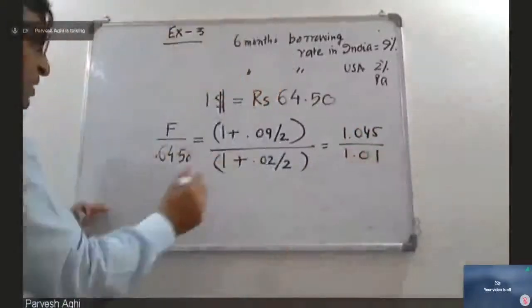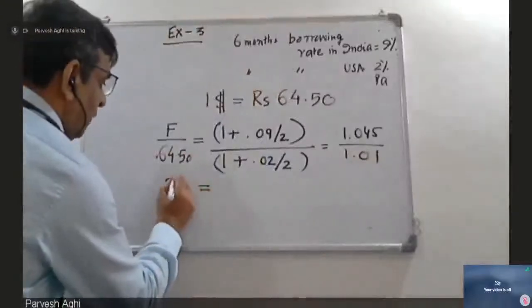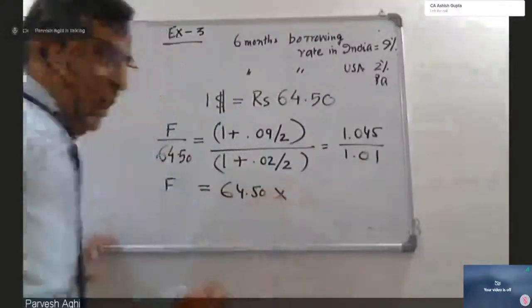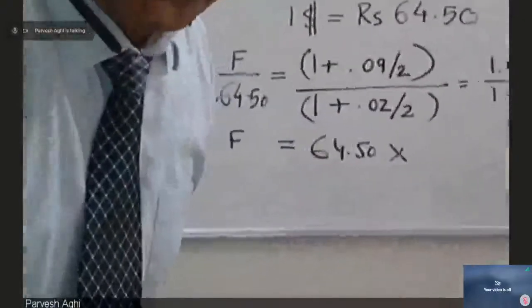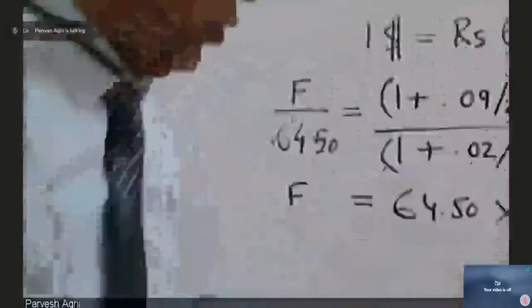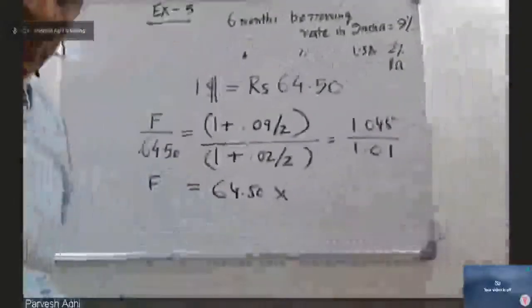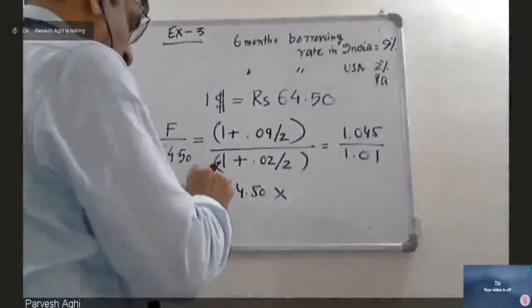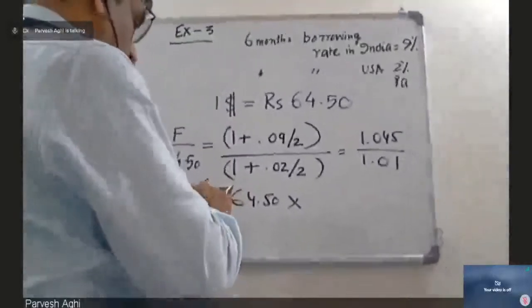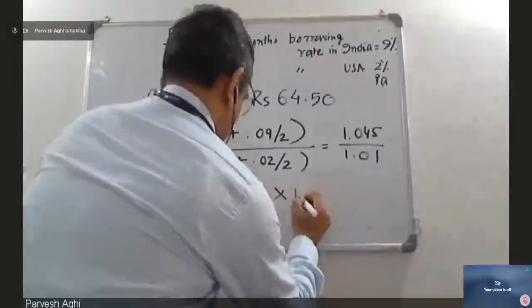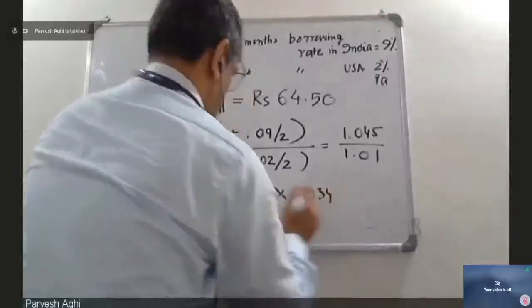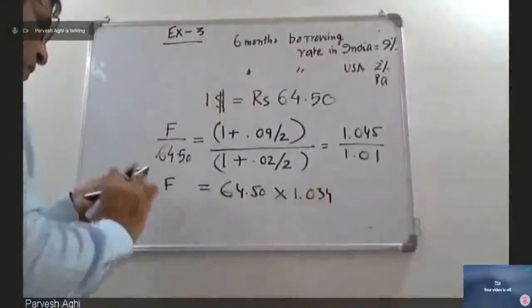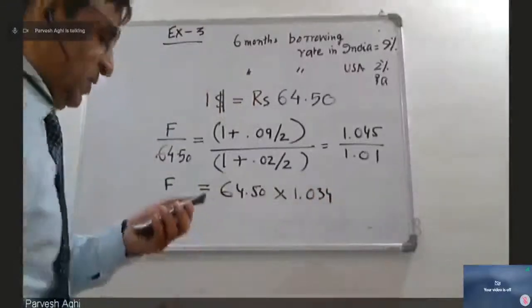Once I solve this, I get the forward rate as 64.50 multiplied by this number. I just use my calculator: 1.045 divided by 1.01. So I get 1.034 something, into 64.5. So I get 66 rupees 74 paisa.